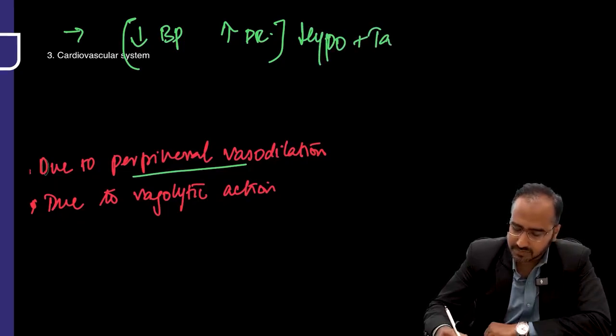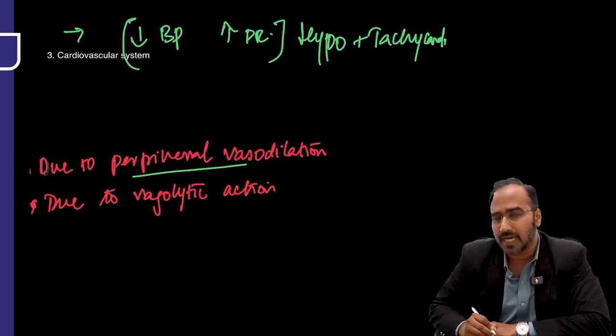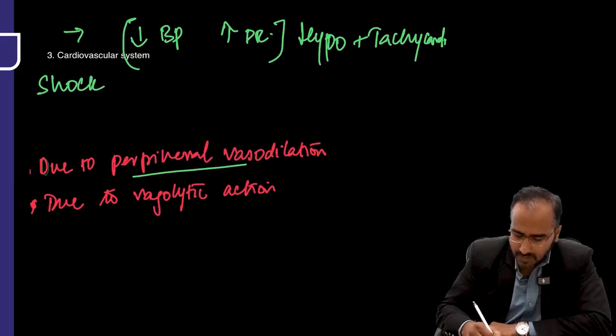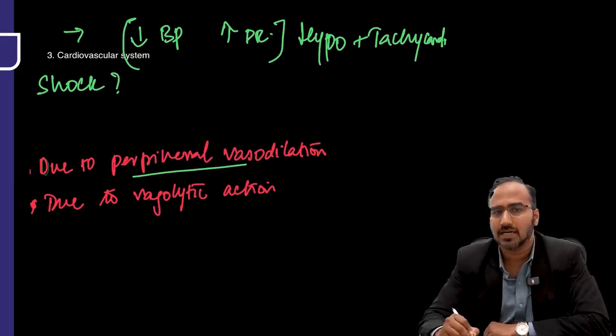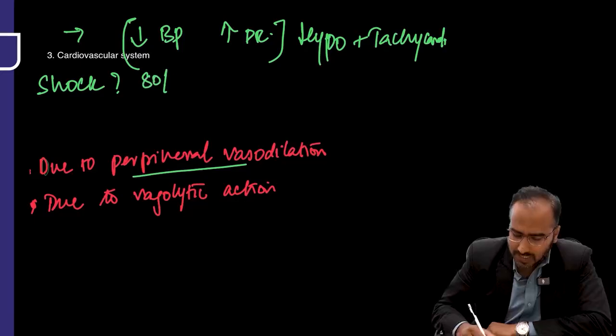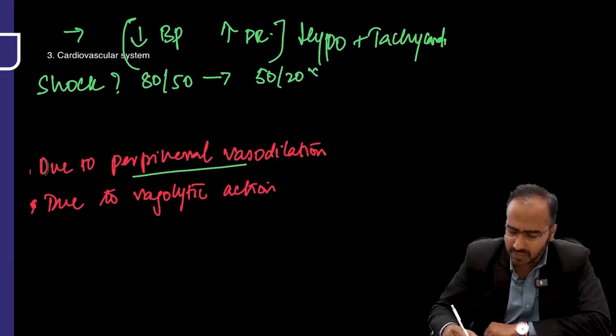Okay? So it causes hypotension plus tachycardia. So can you give sodium thiopentone to a patient who is in shock? What's your answer? In shock, sir, the BP is 80/50. If you give sodium thiopentone, BP becomes 50/20.